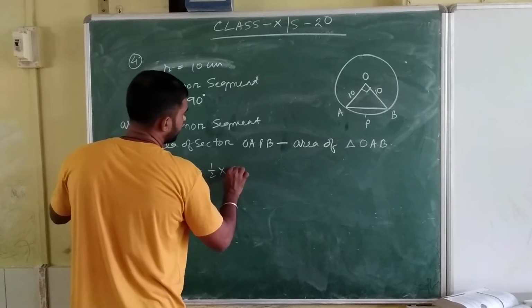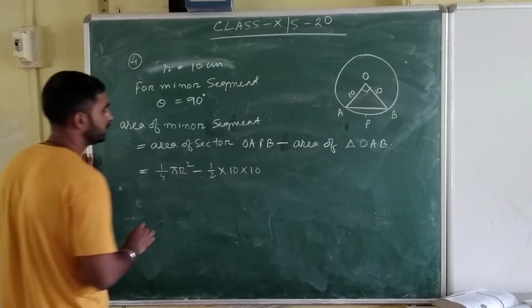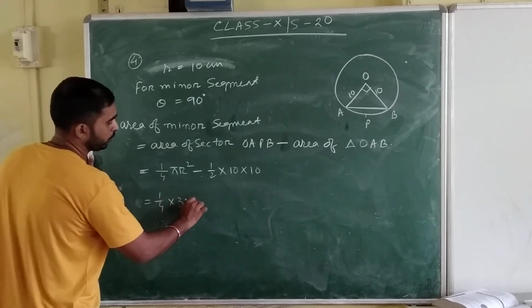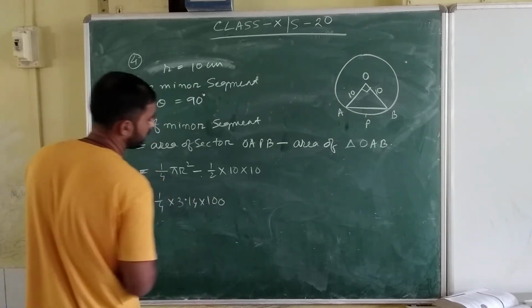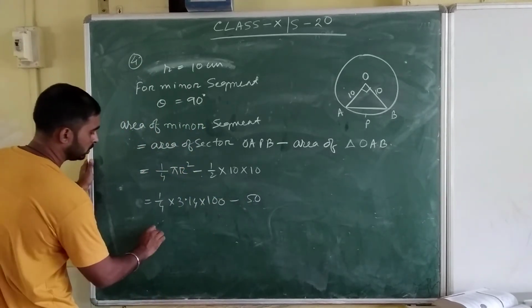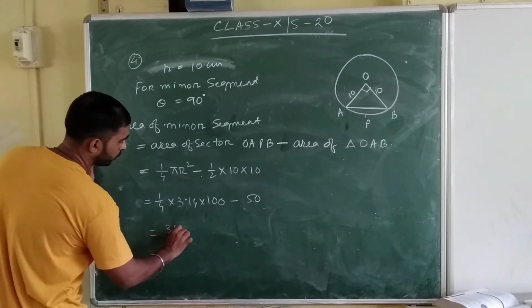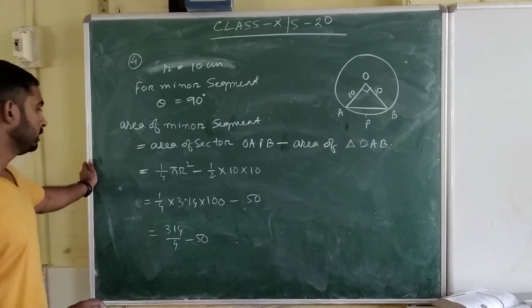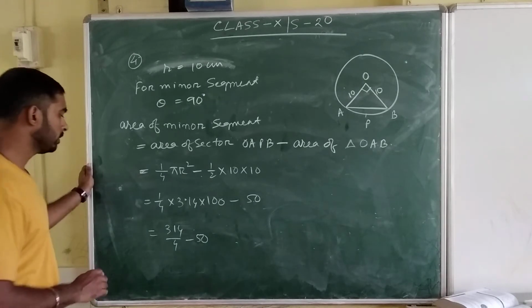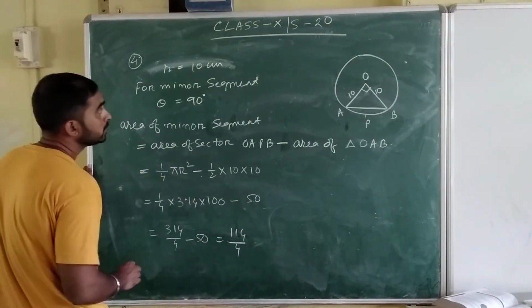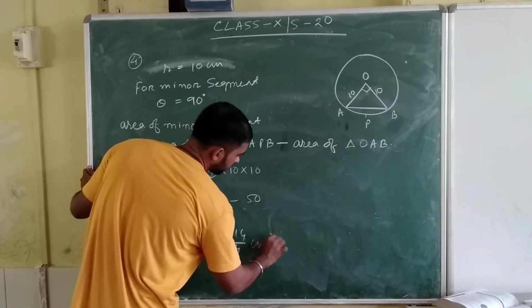So base is 10 and height also 10. 1/4 pi, where pi equals 3.14, radius 10, so 314 by 4 minus 50. Now that is 114 by 4 square centimeter.